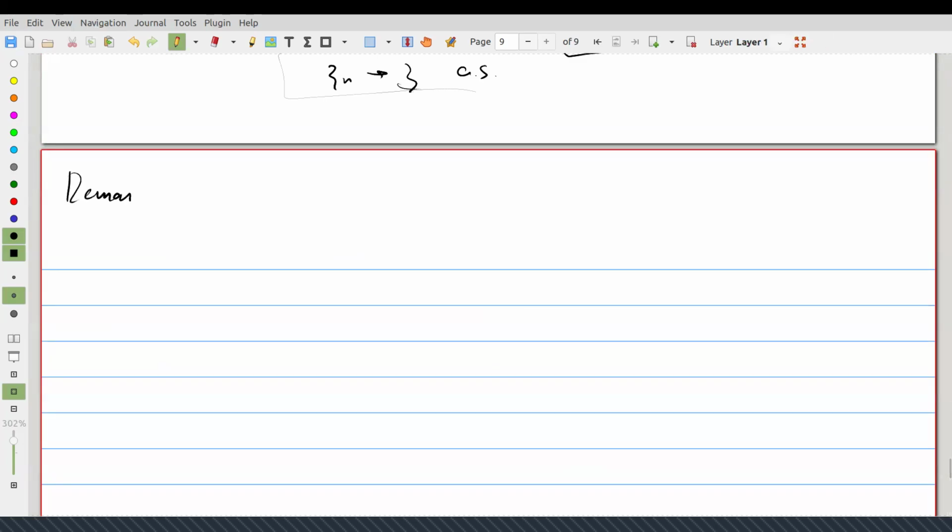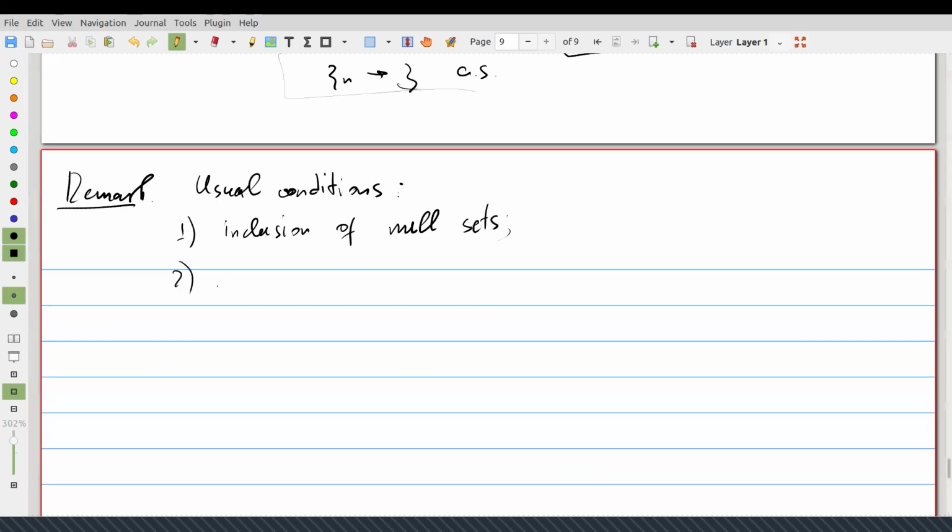Now, another remark, very important. Usual conditions. Often in literature, you will say that we consider a filtration that satisfies usual conditions. The usual conditions are inclusion of null sets and right continuity. It's very natural to include this, and inclusion of null sets is useful because we just talked about this.